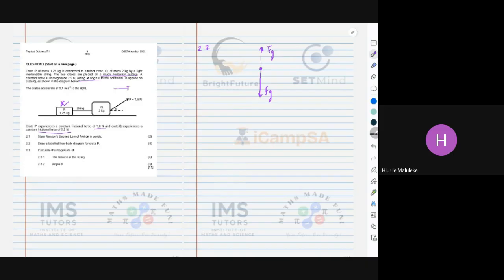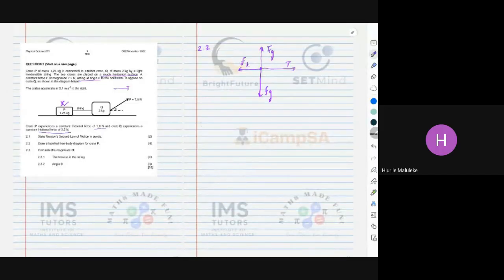So by a string, we have tension. Then here, they've stated that there is a constant frictional force. So that means here, you're going to have your Fk here, right? Which is your frictional force. Okay? So let's start now with the exciting stuff.